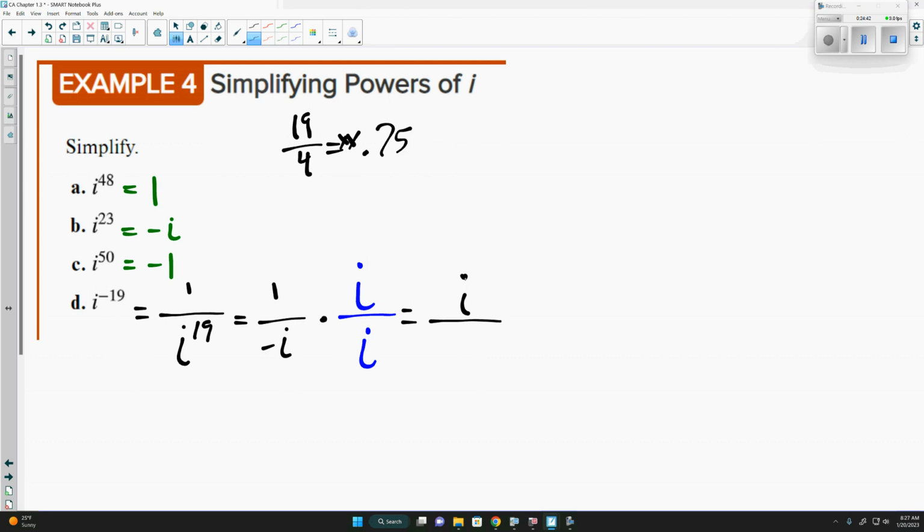Negative i times i is negative i squared, which is really saying I have i over negative 1. I'm just being i. Does that make sense? It's a funky way to do it. It's really weird.